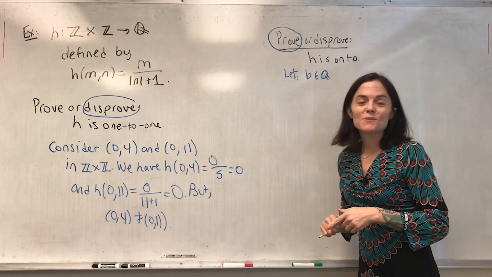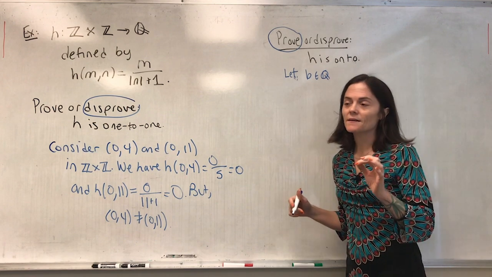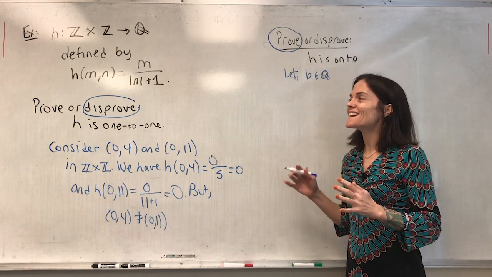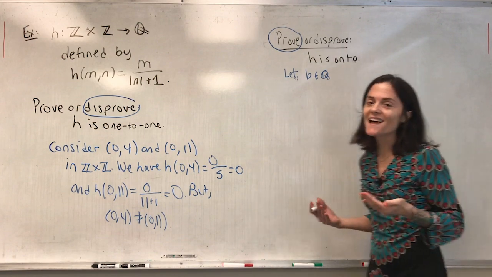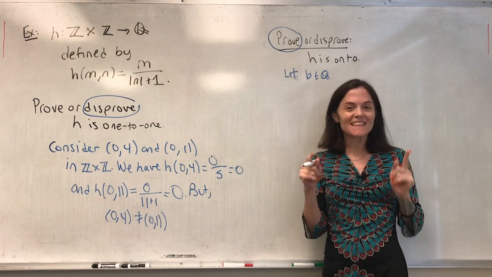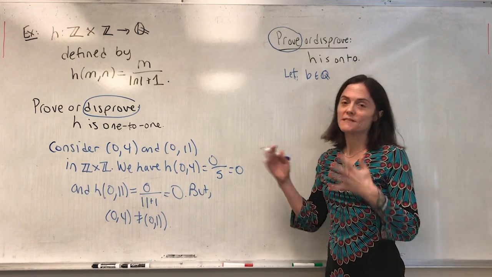Well, I'm going to have to use what I know about rational numbers. In particular, if you worked on this problem from the last section, they're really equivalence classes, and we can pick representatives.